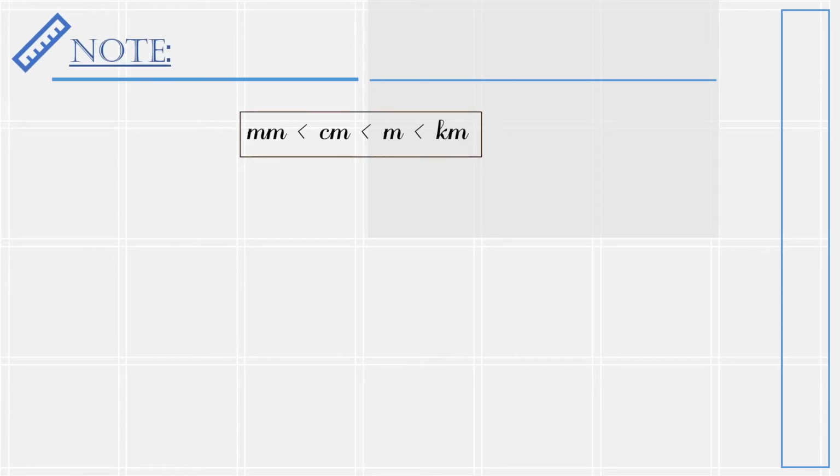Note, the unit millimeter is smaller than the unit centimeter.